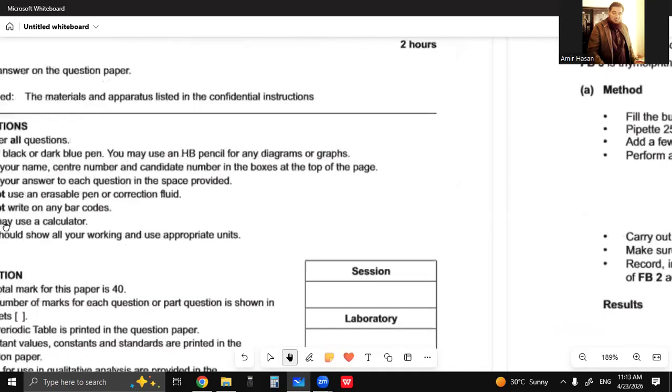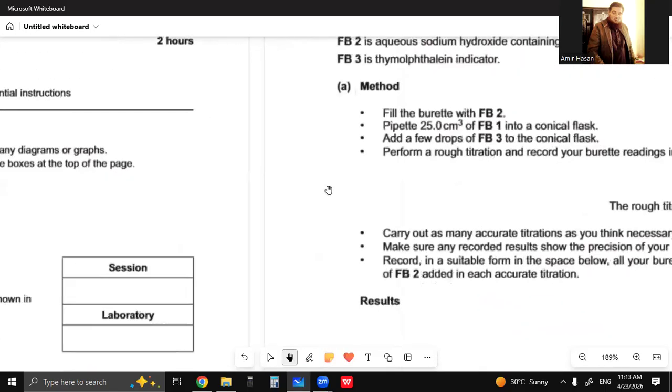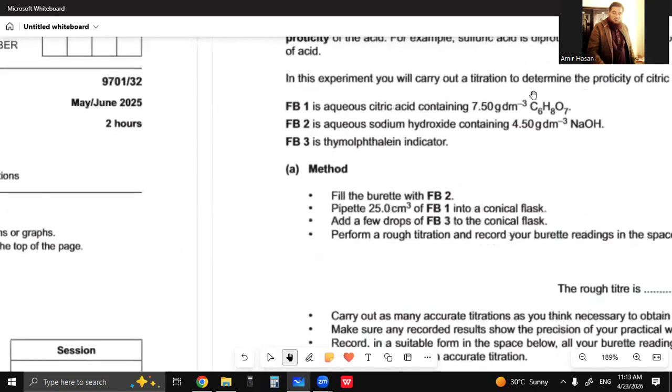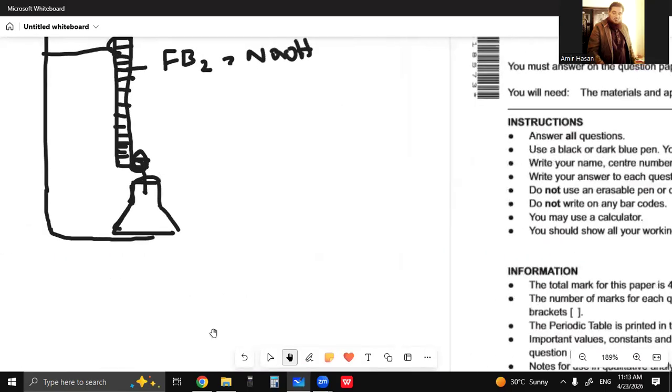With the help of the pipette, we put 25 cubic centimeters of FB1 into the flask. What is FB1? Citric acid. It means the acid is now in the conical flask with the help of the pipette. Now there is a pipette of 25 cubic centimeters. Okay. The pipette's shape is like that. I am drawing it here.